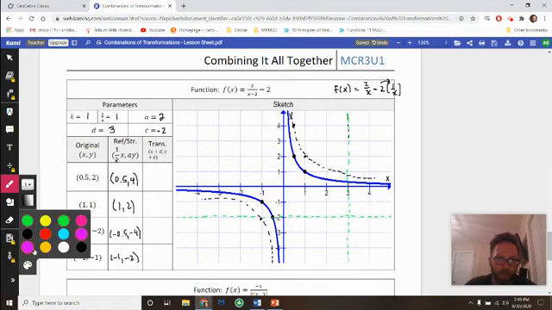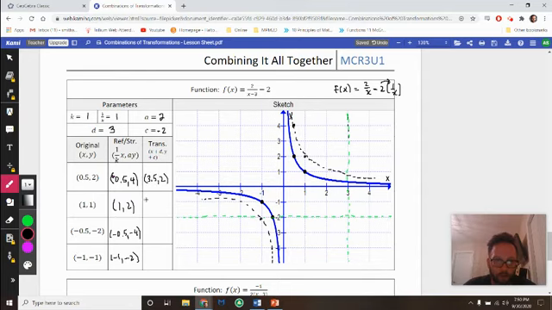So let's transform these guys. We're adding 3, subtracting 2. So 3.5, 2, 4, 0, 2.5, negative 6. That's okay, that's off the graph. And then adding 3, that's 2, subtracting 2, negative 4.